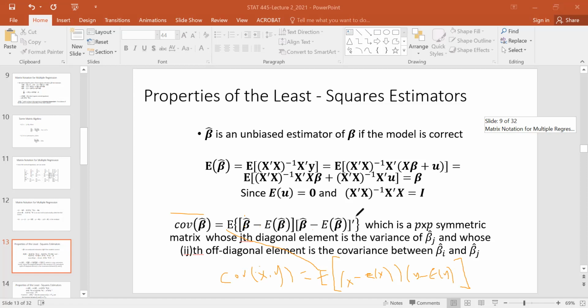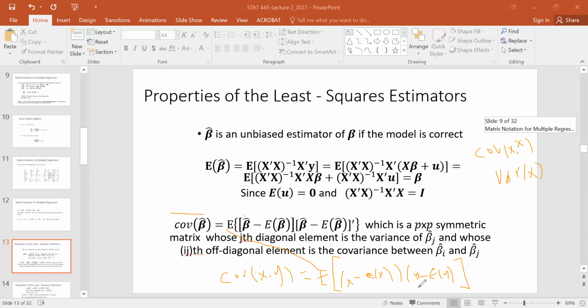But it's transposed, because it is a matrix. It's just like saying the covariance of X and itself is just the variance of X. So the idea of the covariance is what is applied here, in matrix form.